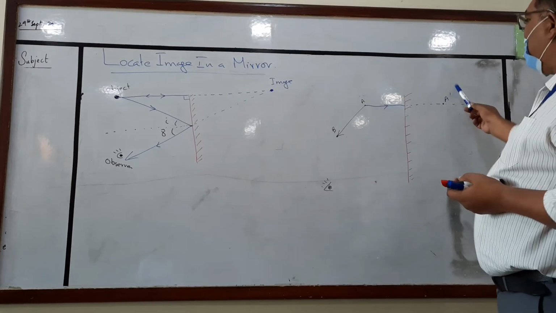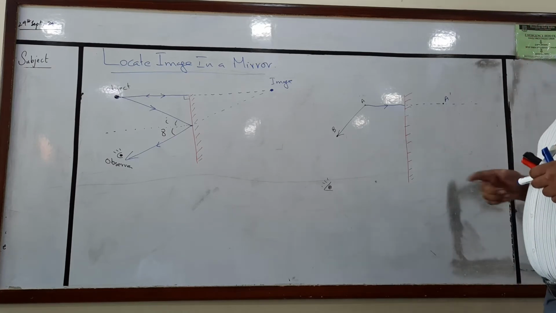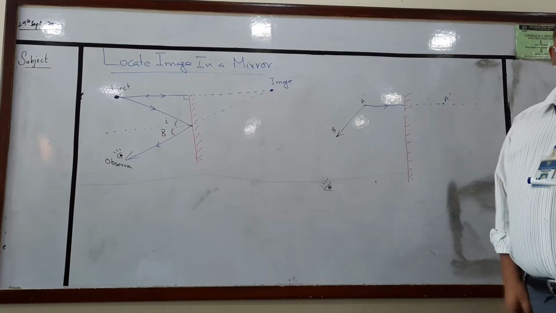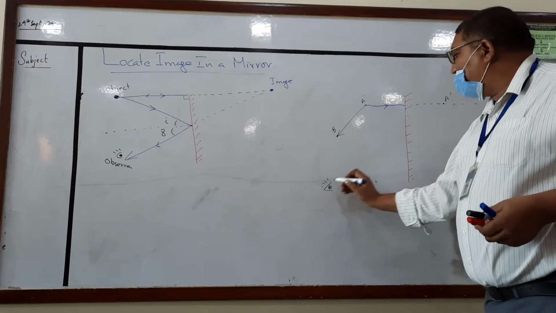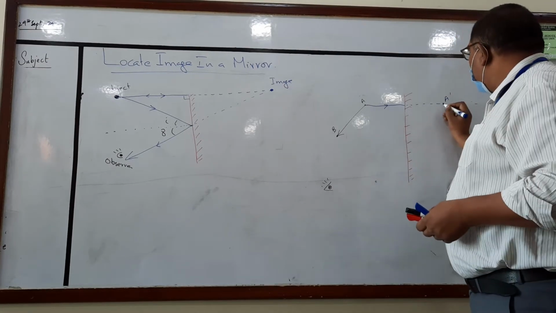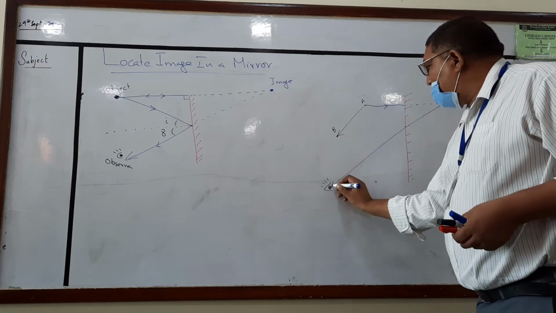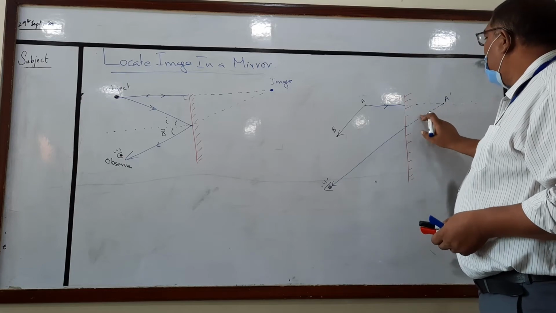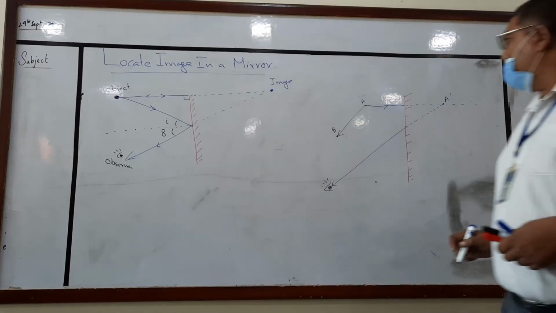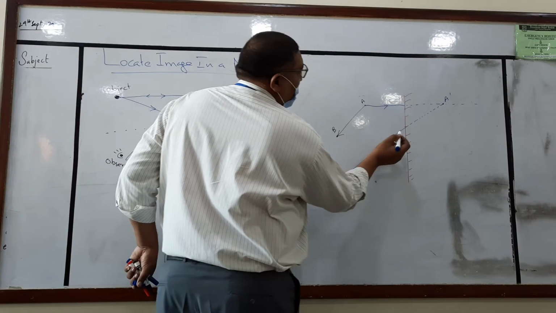So let me call it A prime. Then join this A prime with the observer. Okay, so let me join it. Okay, this line should be dotted. You understand? Then join A with this point.